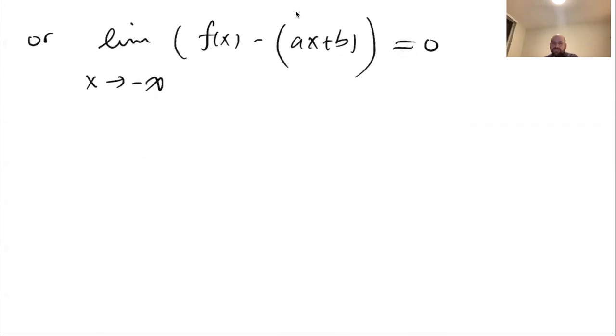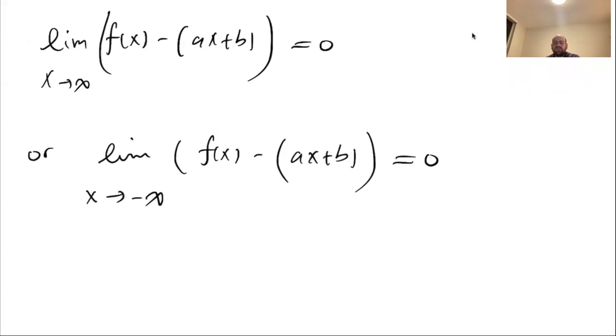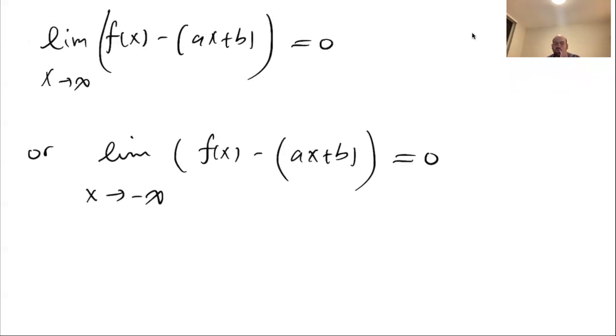And we're also talking about the limit of f of x minus (ax plus b) being 0. Why do we require this limit to be 0? Well, basically, asymptote means that if a line is an asymptote for a function, the function will get closer and closer to that line as x goes to infinity.